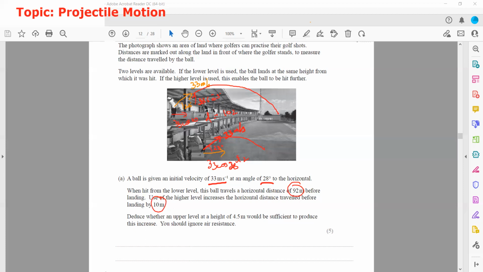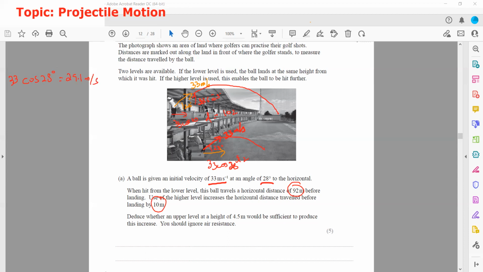So we substitute u cos 28, the horizontal component, where u is equal to 33. So 33 cos 28 will give us the horizontal component, which comes out as 29.1 meters per second.